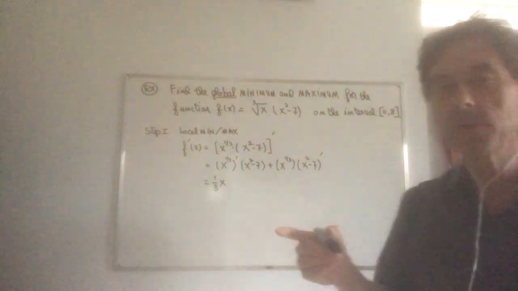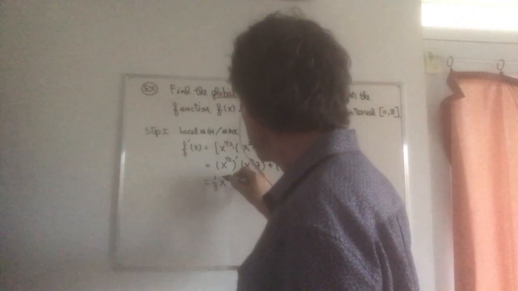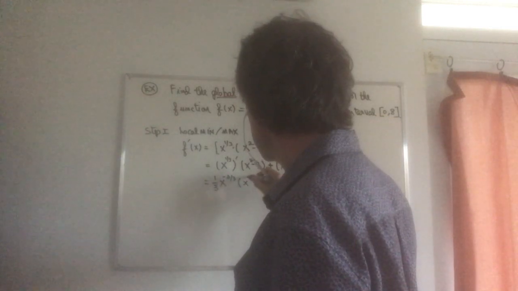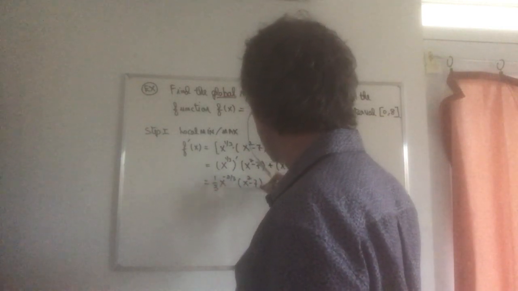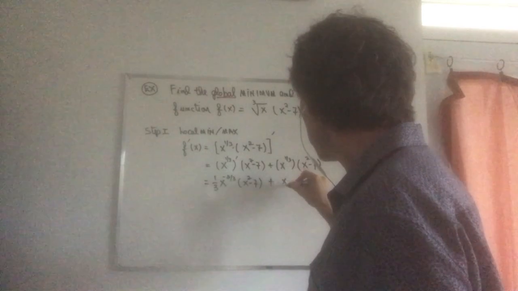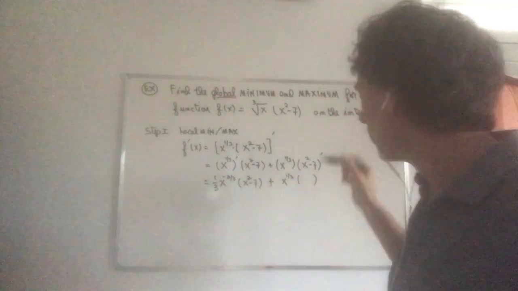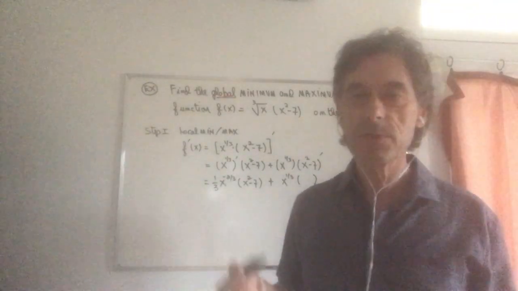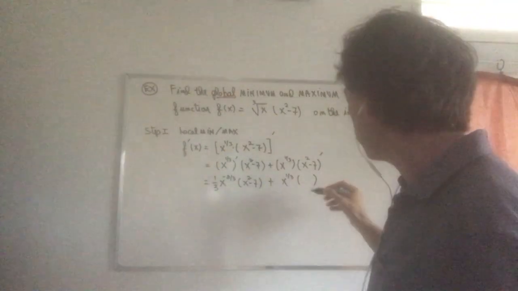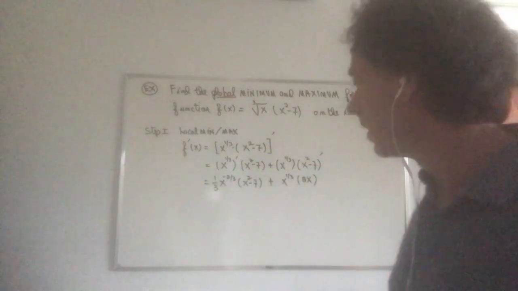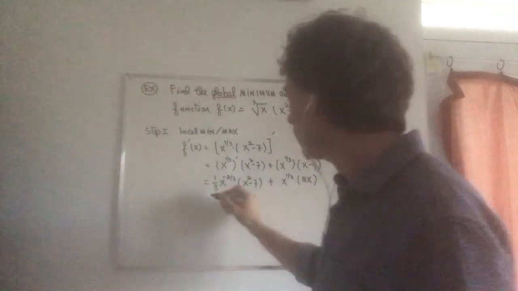What's 1/3 minus 1? If you answered minus 2/3, you are correct. Plus x to the 1/3. That's an easy derivative because the derivative of a minus is the prime of each. The prime of x squared is 2x and the prime of 7 is 0.